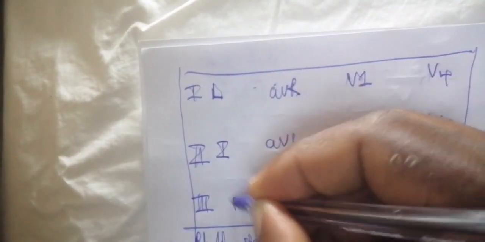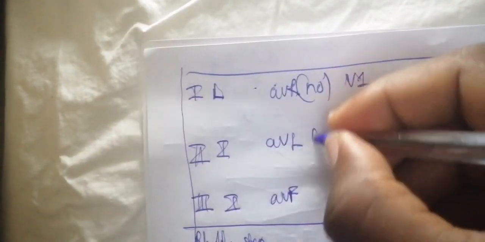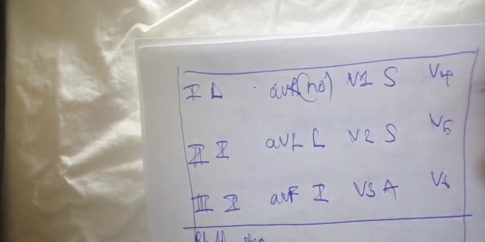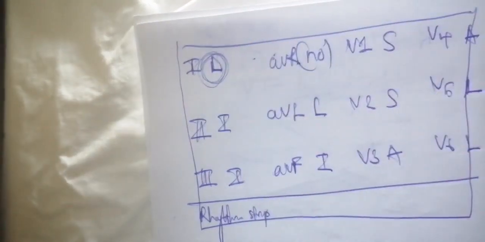Now you need to know that Lilo Sal says that you have L, I, I. Is it clear? Here is O in bracket. This is L, I. Here is S, S, A. And then here is A, A, L, L.